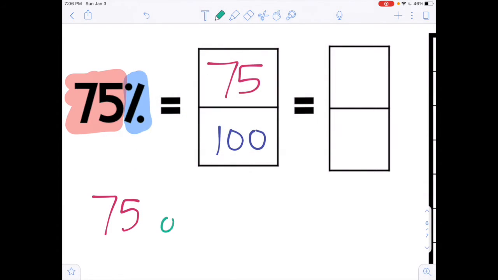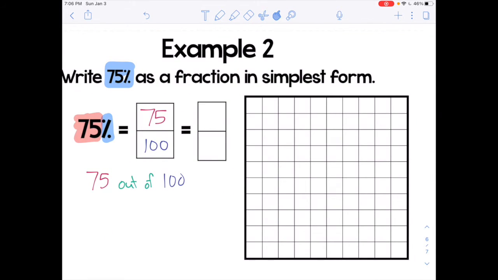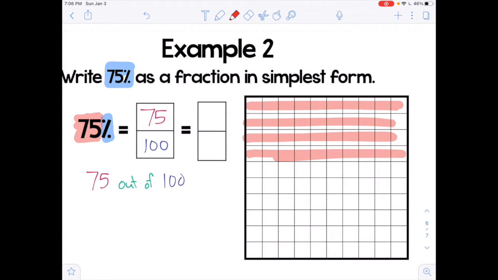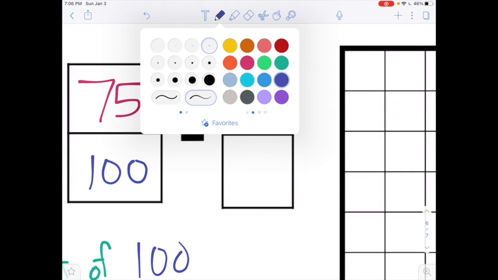75 out of 100. So if there are 100 little parts here, and there are, I am going to color in 75 of them. Now, I could go 10, 20, 30, 40. I could do that and get to 75. This time, I instead am going to try to make a simplified fraction.